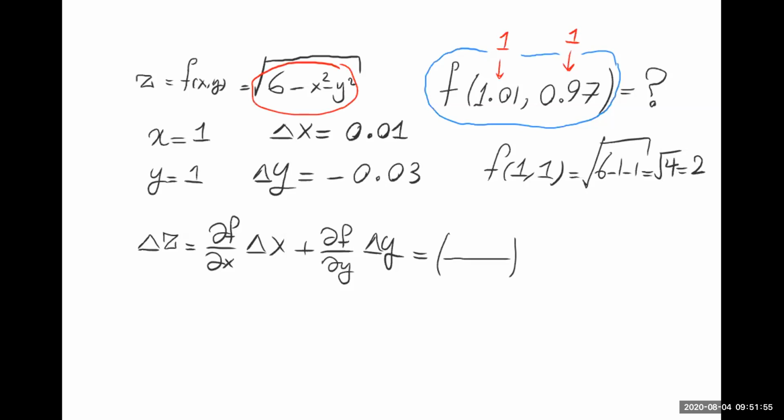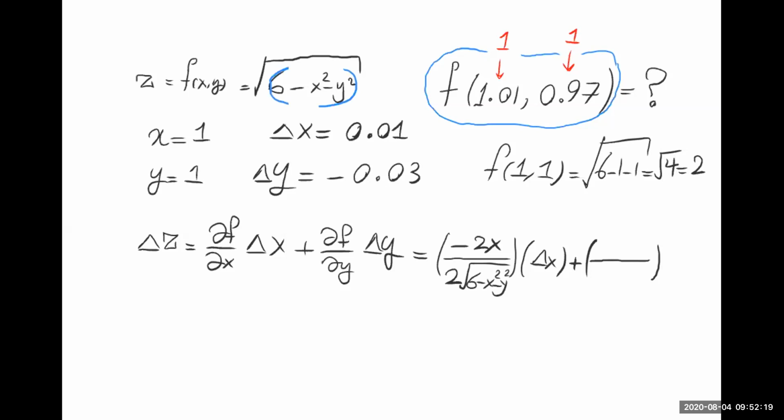It would be minus 2x over 2 times this radical, the square root of 6 minus x squared minus y squared, times delta x, plus the partial derivative with respect to y, which would be minus 2y over 2 times this radical itself, times delta y.